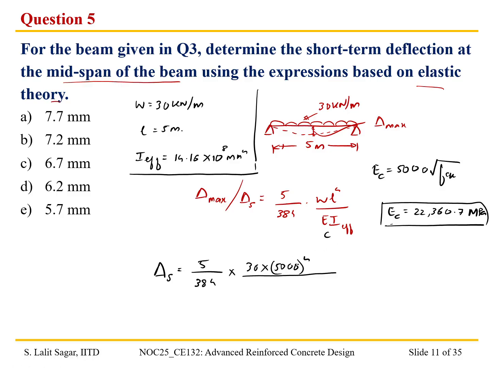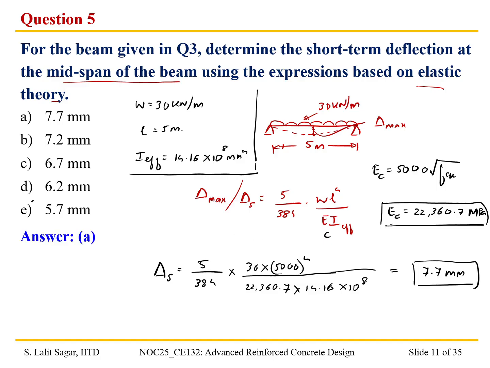The length is expressed in millimeter, and E is 22360.7 MPa, that is Newton per millimeter square, and I effective is 14.16 into 10 to the power 8. So the value of delta S that we get is 7.7 millimeter. From that we can say that option A is the correct response.